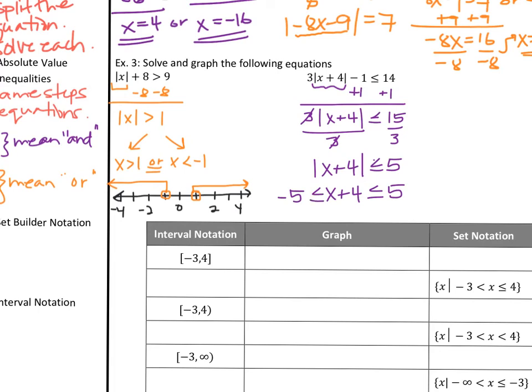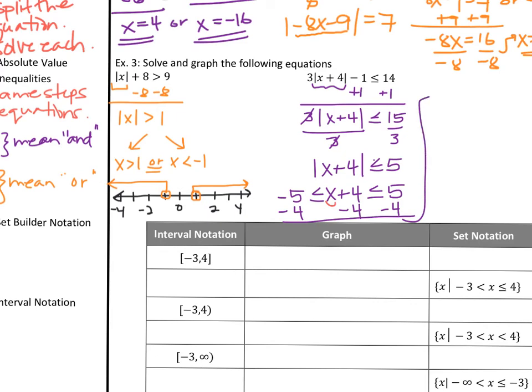What this means is x plus 4 is technically greater than or equal to negative 5 and less than or equal to positive 5. And now we want to get x by itself. Whatever you do to x and that inside, you're going to put on the left and on the right. To get x by itself, we're simply going to subtract 4. But if we do that in the middle, go ahead and subtract 4 on the left and 4 on the right.